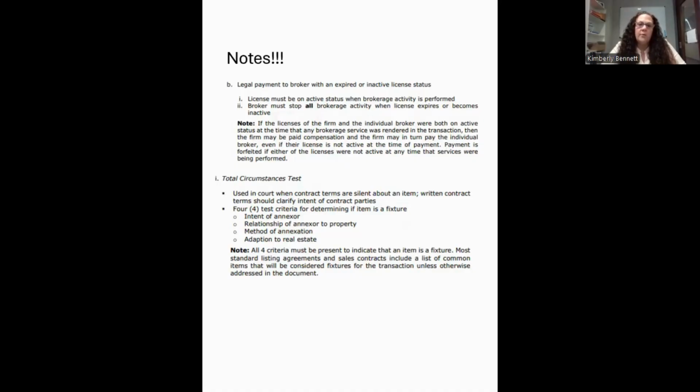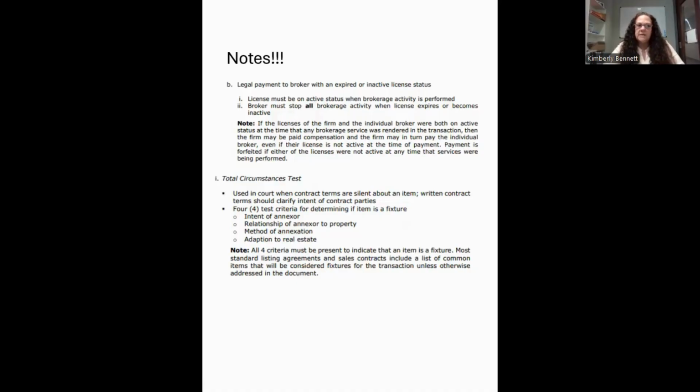I don't want to go any further, but they're just letting you know within these notes that these are testable concepts. So they're pointing some particular items out for you. The second one, on the total circumstance test, is whether something is a fixture or not. It's telling you that all 4 criteria must be present to indicate that an item is a fixture. Most standard listing agreements and sales contracts include a list of common items that will be considered fixtures for the transaction, unless otherwise addressed in the document.